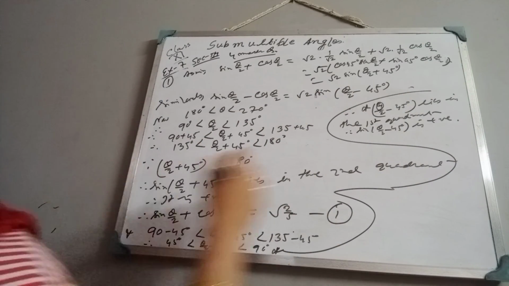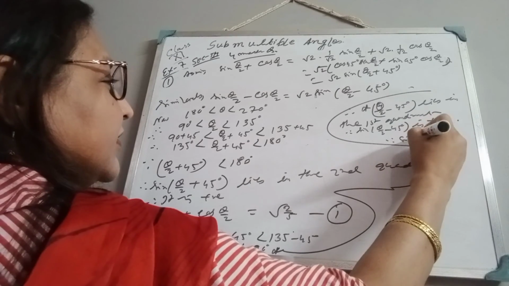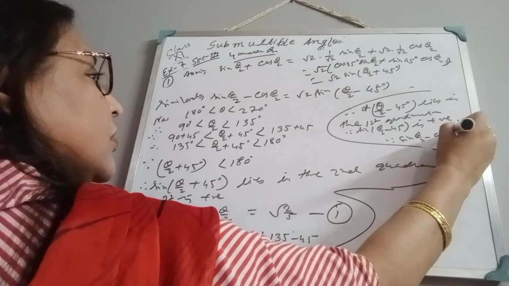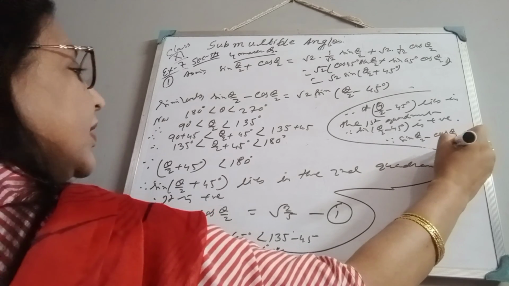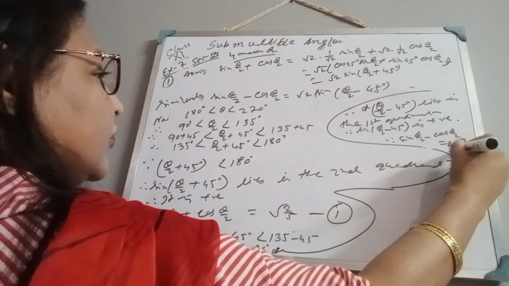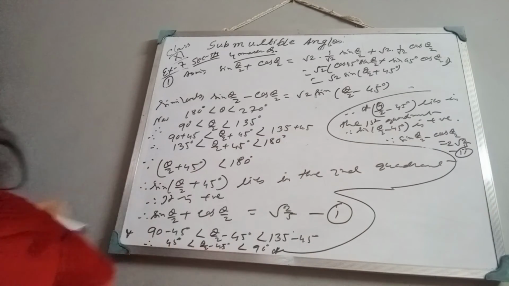So we will write sin θ/2 minus cos θ/2 is equal to 2√2/5. We have got plus minus, so we will take plus here. This is equation 2.